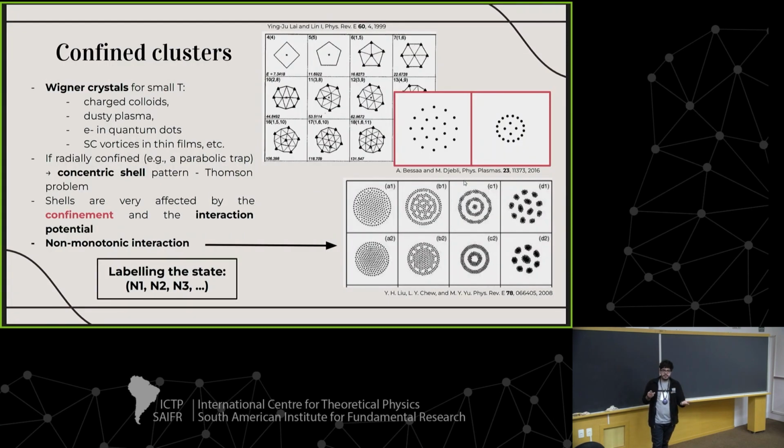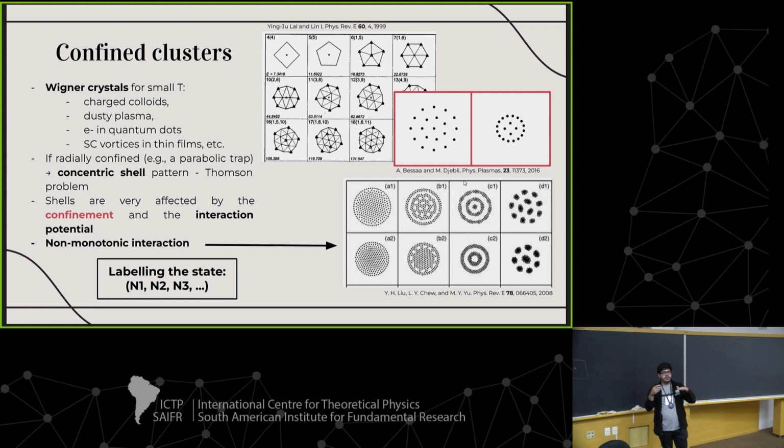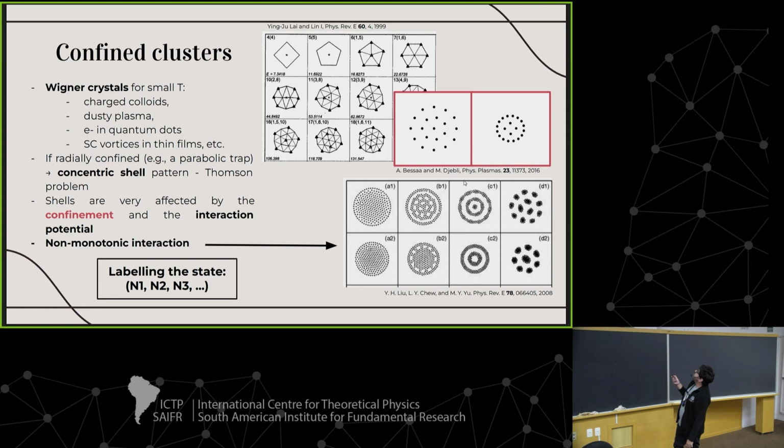So we want to consider three-body interactions in a class of systems which is very studied, which are the confined clusters of particles. We have a lot of systems which, at sufficiently low temperature, crystallize into the Wigner structure, the Wigner crystal. It's a well-ordered state. And if they are confined, they can exhibit this concentric shell pattern, which is very dependent on the confinement we adopt and the kind of potential interaction.